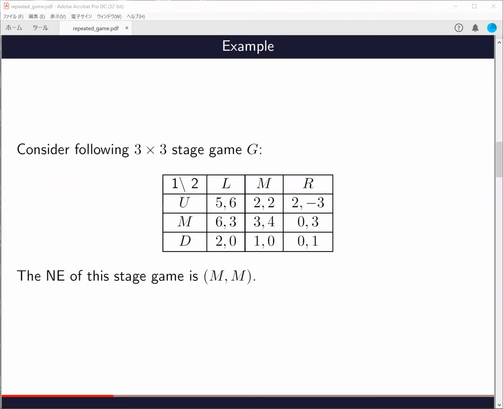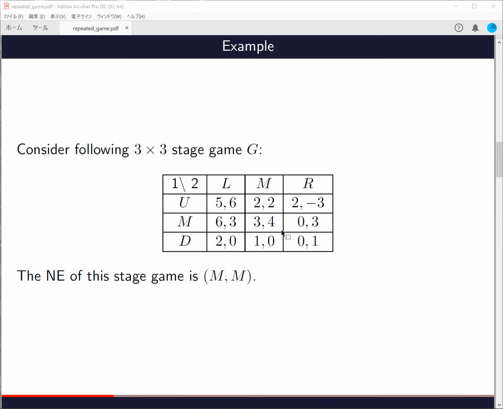Let's take a look at an example of repeated prisoner's dilemma, where the prisoner's dilemma is repeated infinitely many times. The first thing to note here is that MM is the unique Nash equilibrium of the stage game, and you should be able to verify this by now.